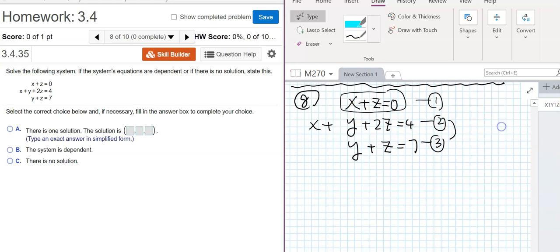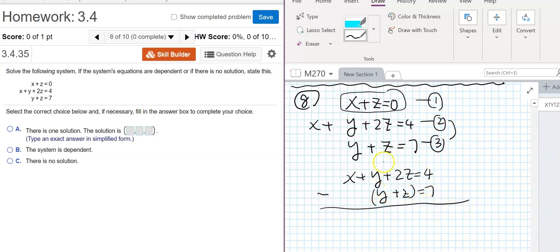So x plus y plus 2z equal 4. Subtract y plus z. So y cancels with negative y. X, now 2z minus 1z is z, equal to 4 minus 7, which is negative 3.